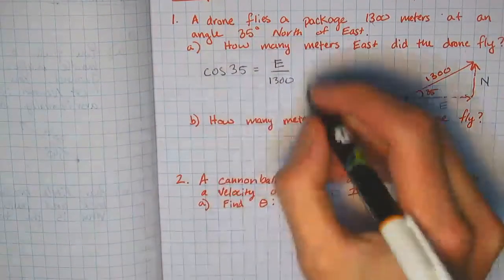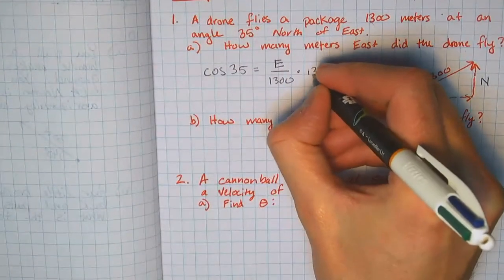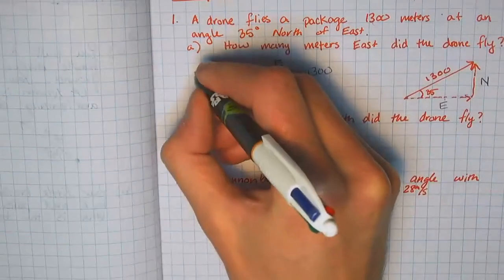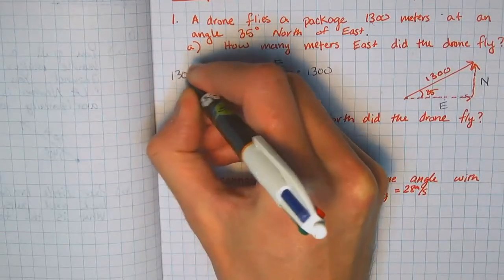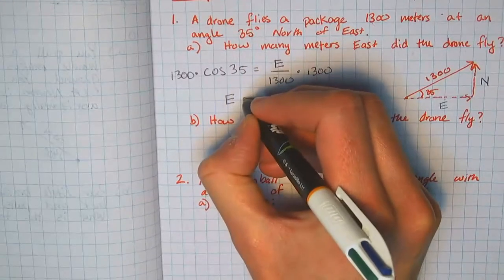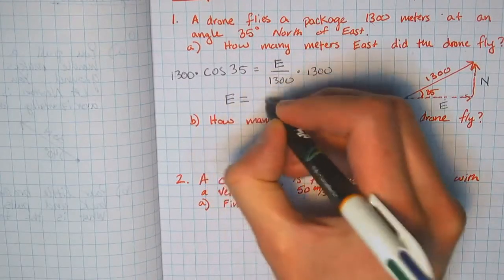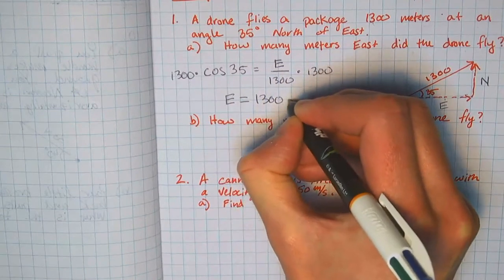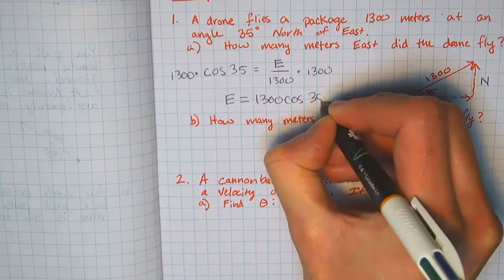So then we multiply both sides by 1300. And you're going to get that the distance you go east is equal to 1300 cosine of 35.